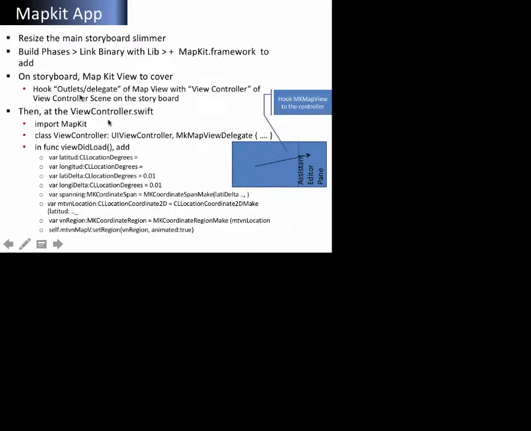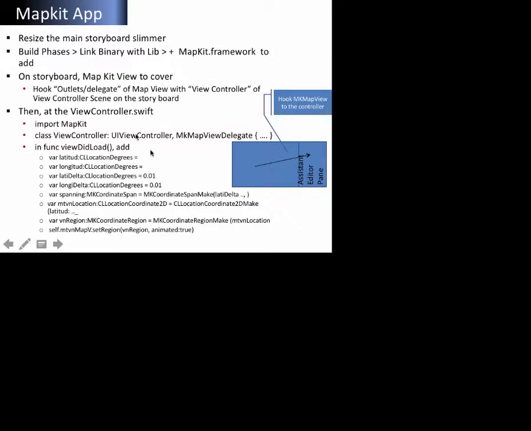With this, you can have map-kit in your project. So map-kit needs to be known by your assistant editor pane by drag and drop so that you can see the arrows. Okay, so the map-kit view itself is recognized by your view controller.